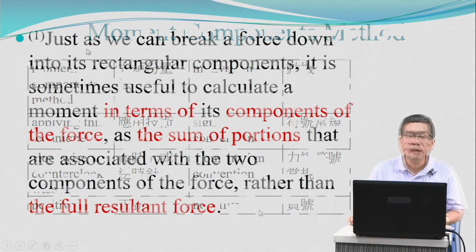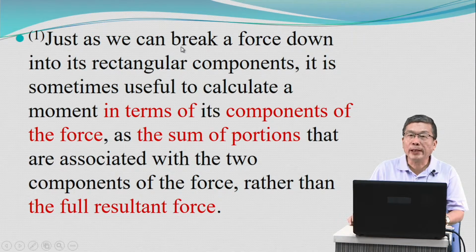Just as we can break a force down into its rectangular components, it is sometimes useful to calculate a moment in terms of its components, as the sum of portions that are associated with the two components of the force, rather than a full resultant force.